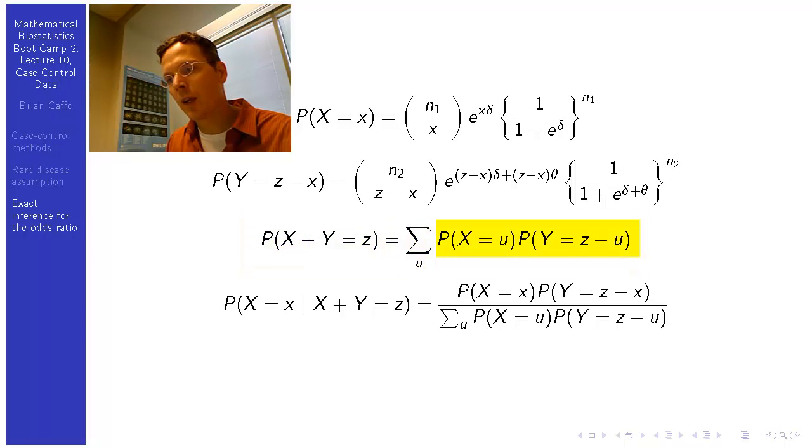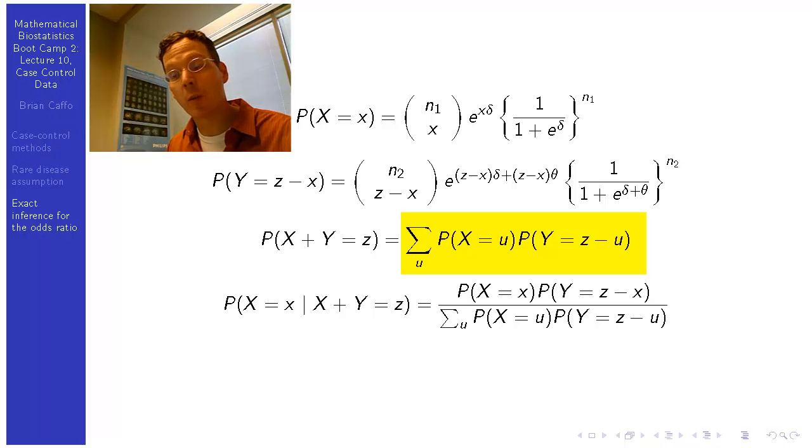And so the probability x plus y takes on the value z is going to be the sum over all the possible values of u. In other words, all the different ways we could allocate some of the elements of z to x, then whatever we can allocate the remaining to y. So that's a quick little formula you can do.